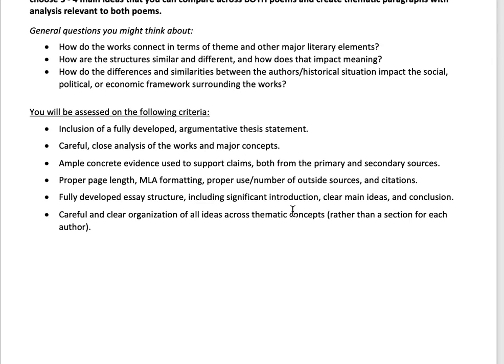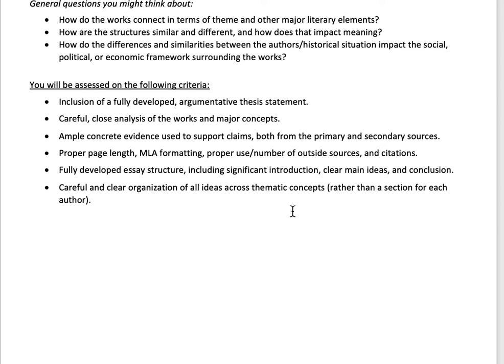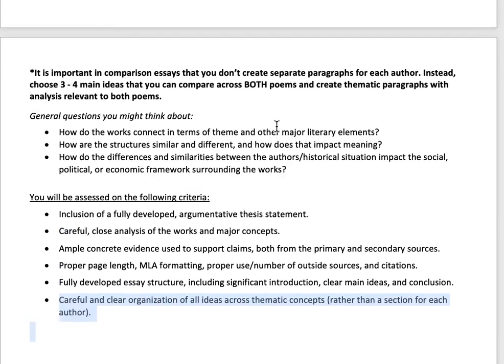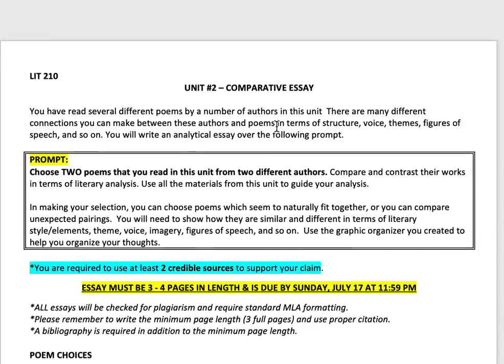Make sure you have a fully developed argumentative thesis statement, good analysis of the works and their major concepts, ample evidence to support your claims from both the primary and, excuse me, secondary sources, proper page length, MLA, and the number of sources and citations, a good essay structure, so that's introduction, main ideas, and conclusion with lots of good evidence to support and analysis, and then careful organization of these ideas across concepts rather than having one paragraph for each author.